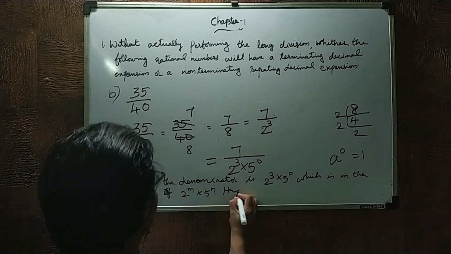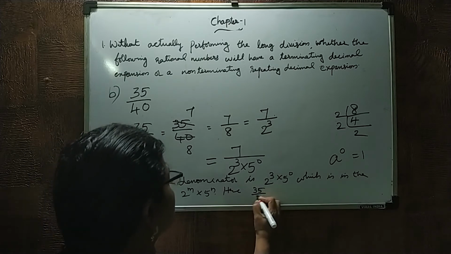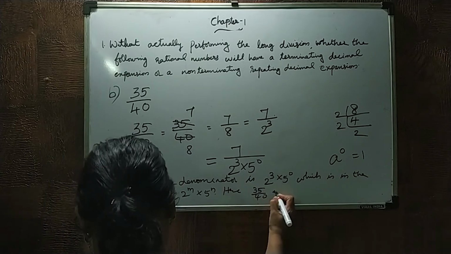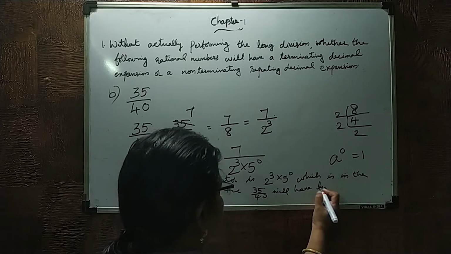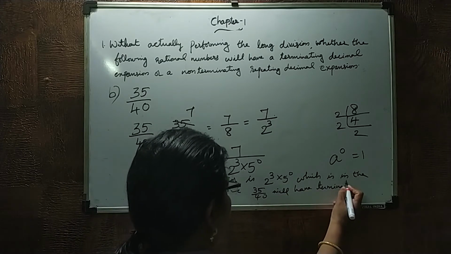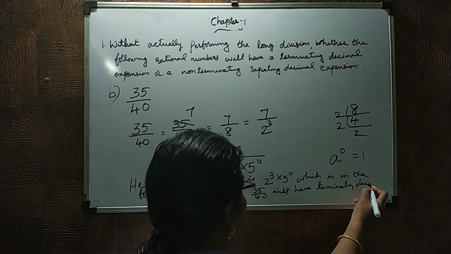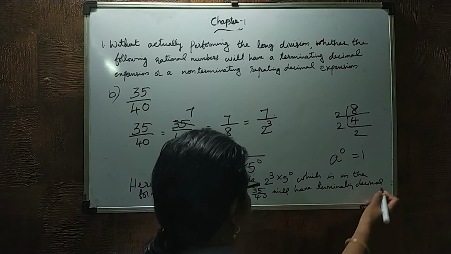Hence, 35 by 40 will have terminating decimal expansion.